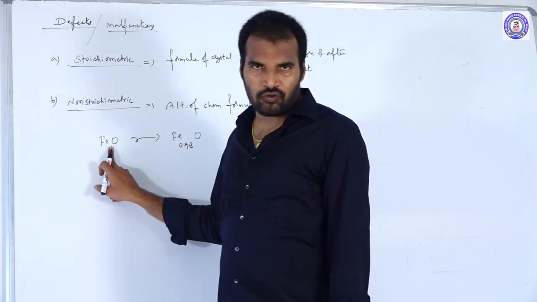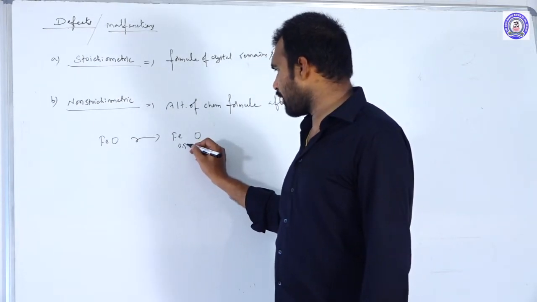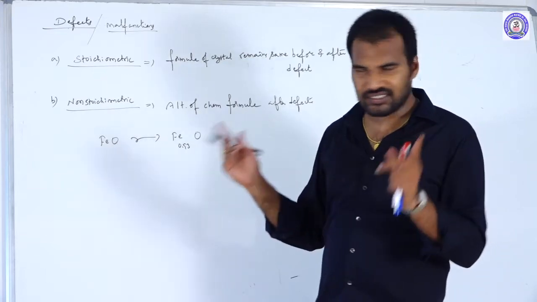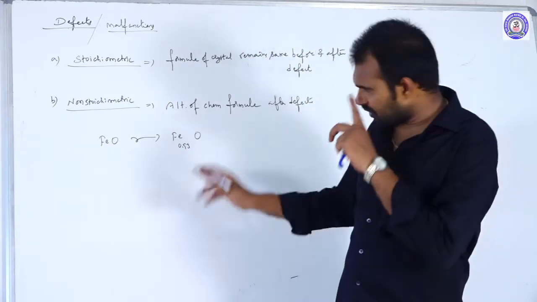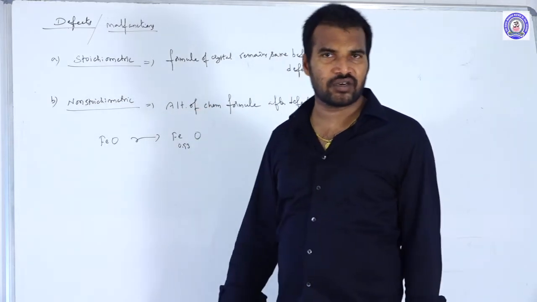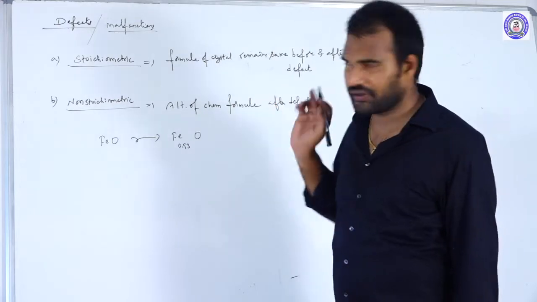Before the defect FeO is a 1:1 ratio, but after the defects the ratio is 0.93:1. So there was a change in the formula of the crystal after the defects. Then we call these non-stoichiometric defects.